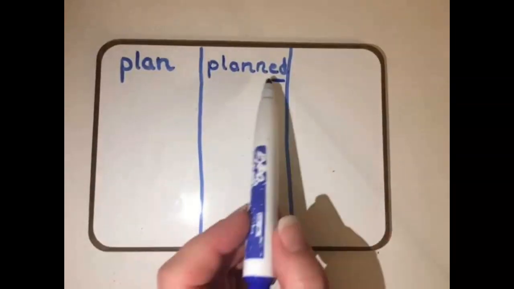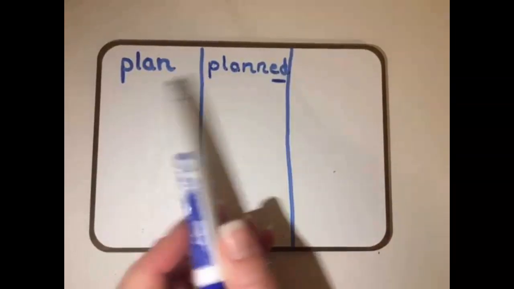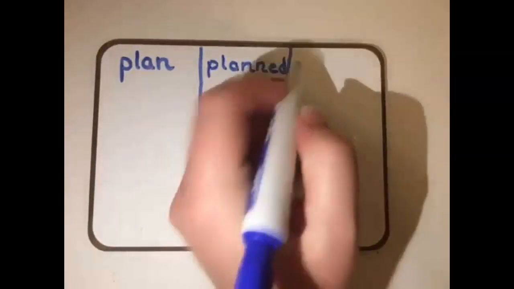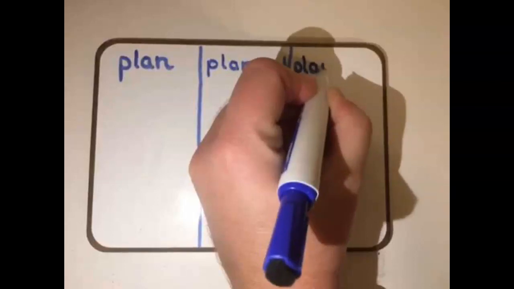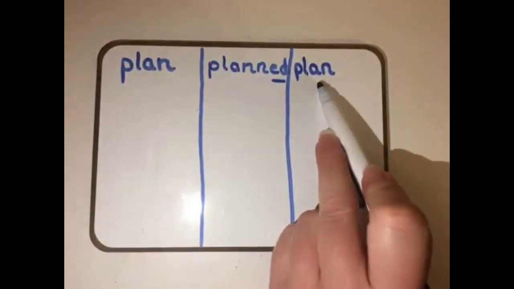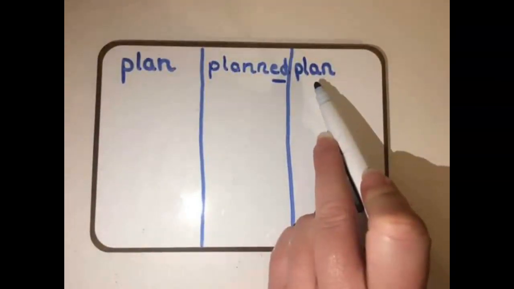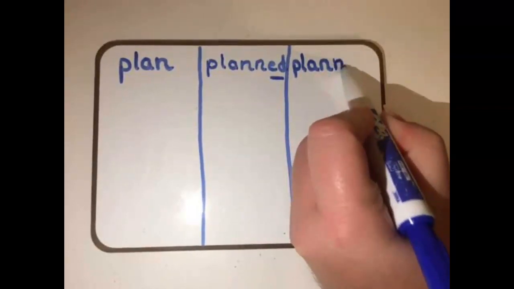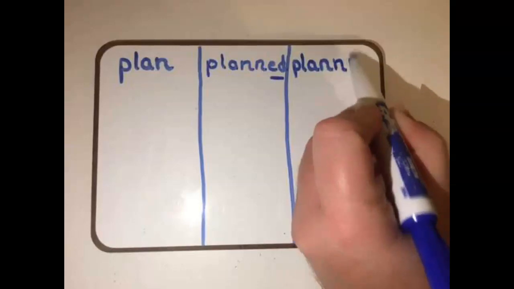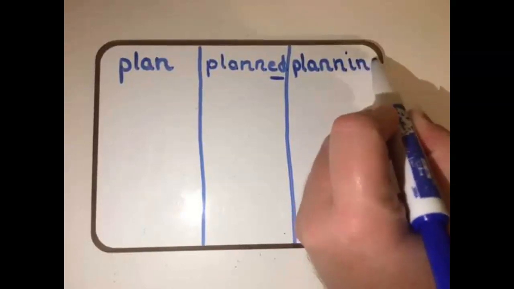So now instead of the suffix ed on the end of the word plan, we get a new suffix, so planning. So we start with our original word plan, and then we add that joining letter, and then we add the suffix ing.